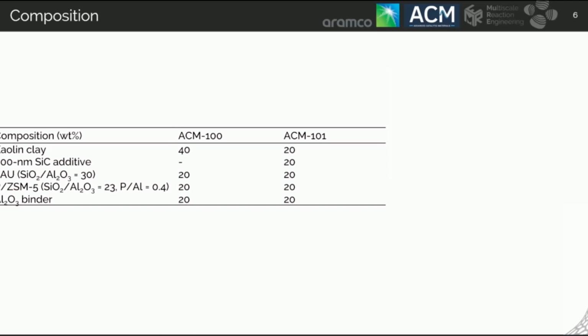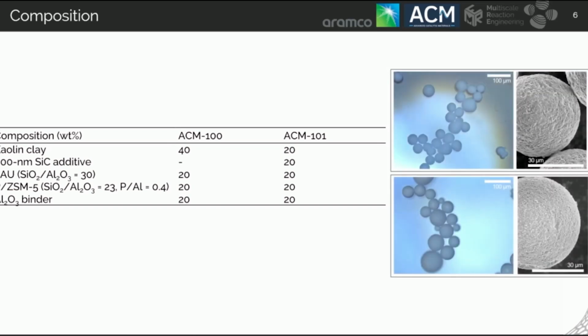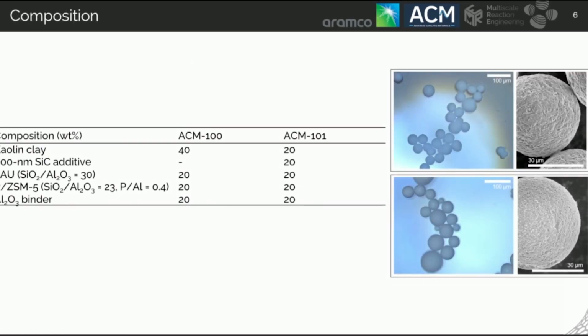If we look to the right-hand side of this slide and focus on the right half of the figure, the top shows the ACM100 and the lower one shows the ACM101. We can see that there is an insignificant difference in the morphology after adding the silicon carbide nanoparticles.